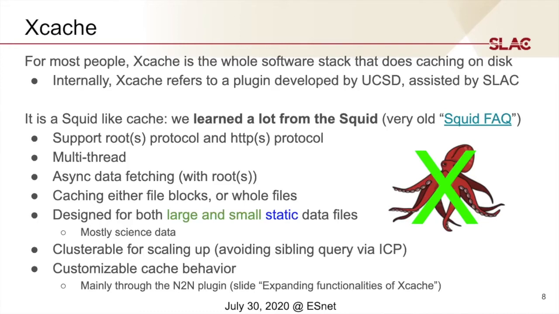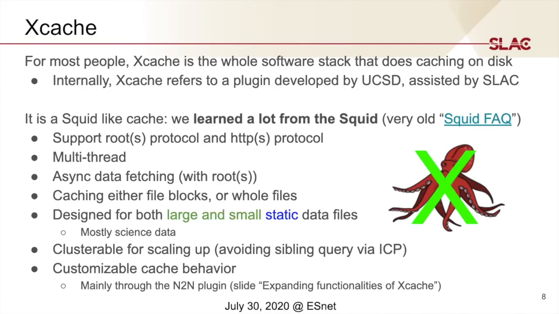One key difference is that Xroot caches a file as a whole file, while Xcache can work at the block level. So you can say the first block of the file, the second block of the file, like that. Because of these differences, and probably also because of the single thread, Xroot prefers smaller files so that it can fetch them quickly, but Xcache doesn't really care about the size of the file.